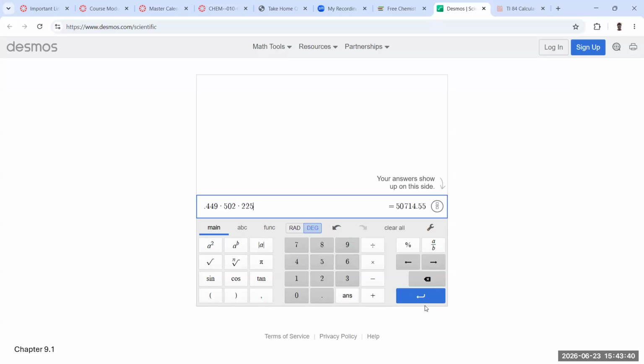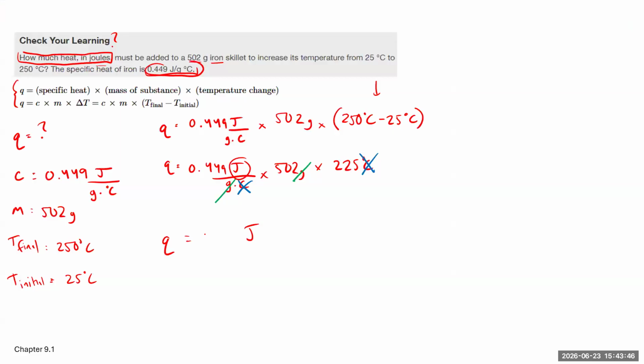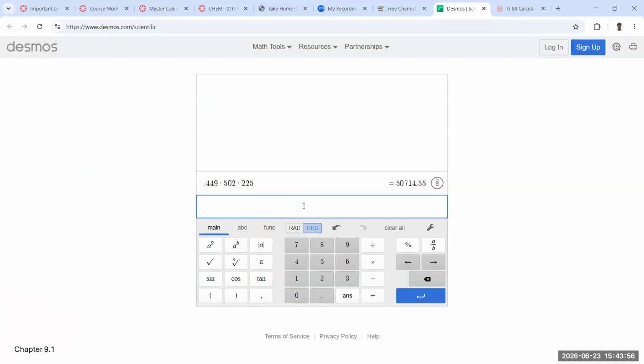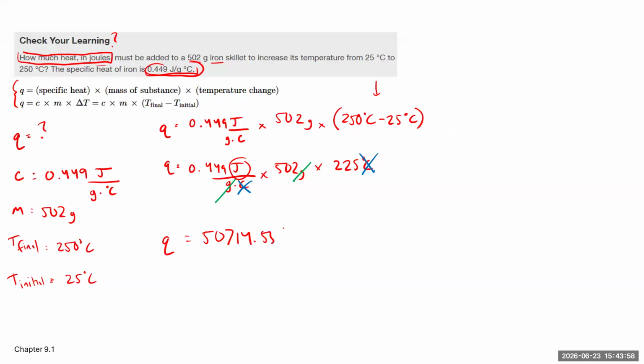Actually, the grams already canceled out too. So this is the number we have here. 50714.55.